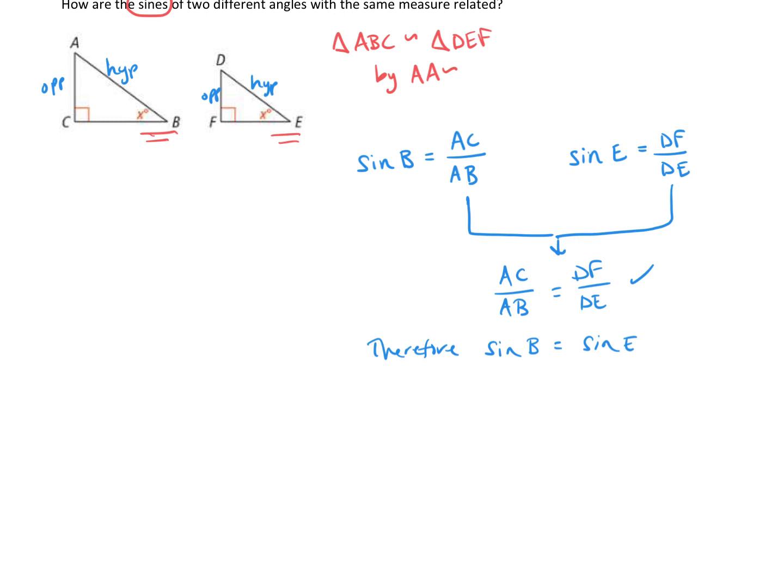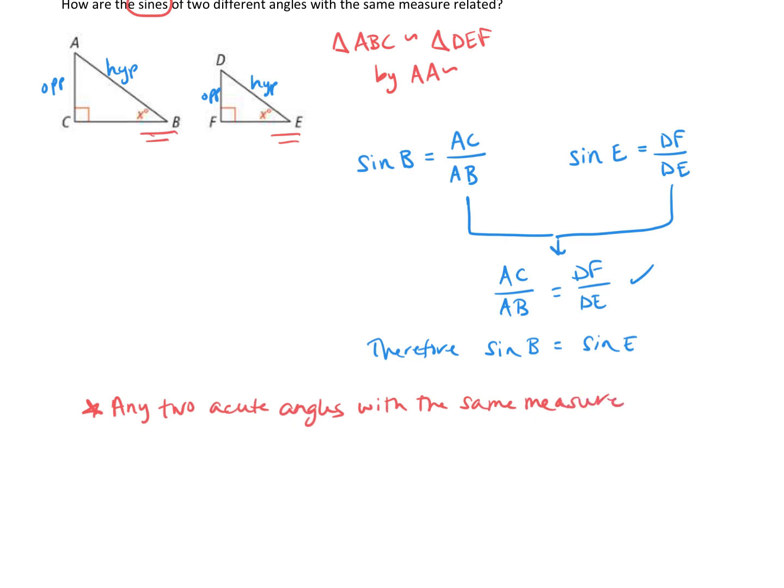And so in conclusion, what we are learning right here is any two acute angles with the same measure will have the same sine.